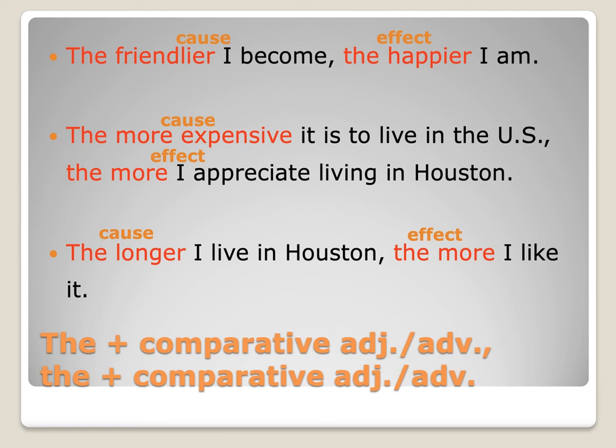The book does not talk about these, but I think they're a very interesting way to show cause effect, especially if you don't want to be using because all the time, right? We use because probably the most, but you want to try and use other transitions if you can. So look again at page 121 in your book.